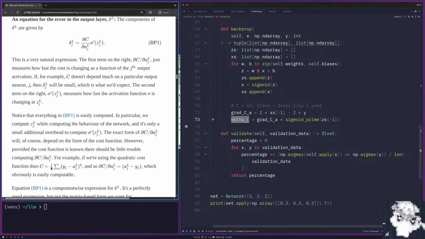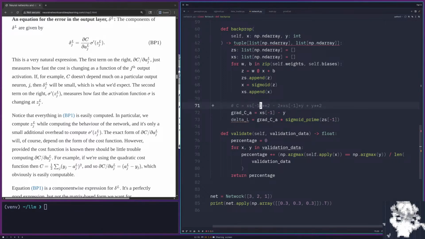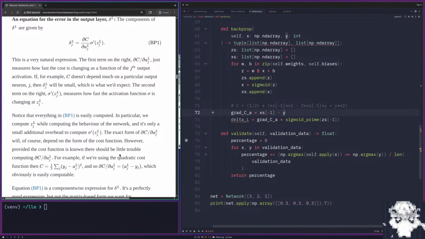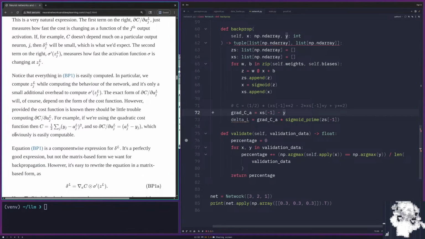I forgot that there was the half in the cost function, so that means I can get rid of the 2 times and the 2 times, because this whole thing is 1/2 times this. I guess I see why there's the half in the cost function then, so that the derivative is easy to work with. Which obviously is easily computable.